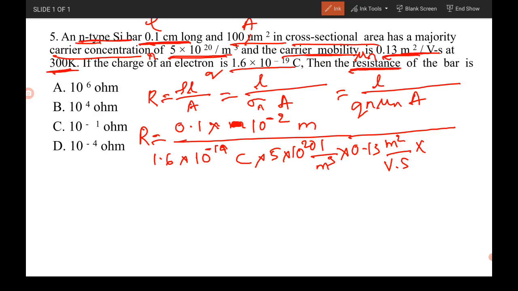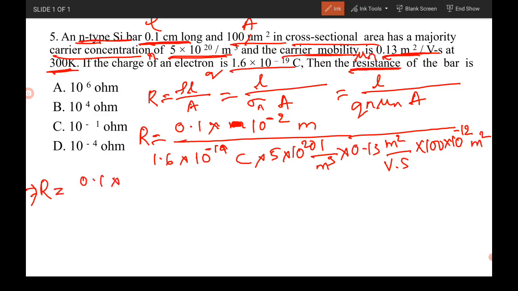Area is 100 micrometer square, which is 100 into 10 to the power minus 6 square meter square. So here 100 into 10 to the power minus 6 square is 10 to the power minus 12 meter square.